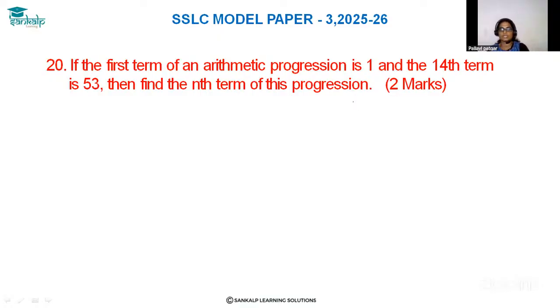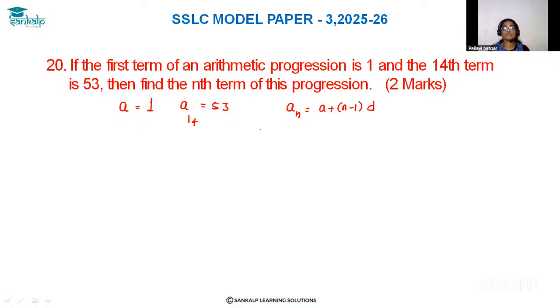So here the given first term a is equal to 1 and the 14th term, a14, is equal to 53 of an arithmetic progression. The formula for the nth term of an arithmetic progression is an is equal to a plus (n minus 1) into d.